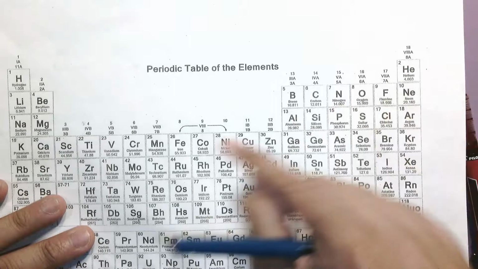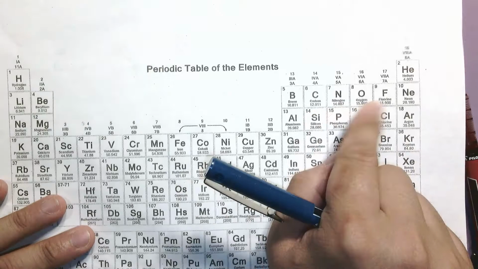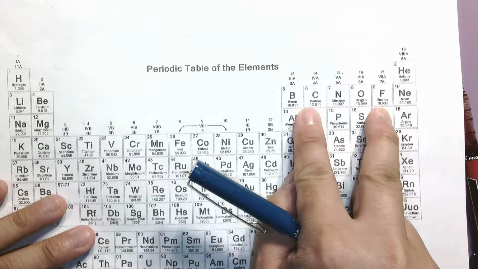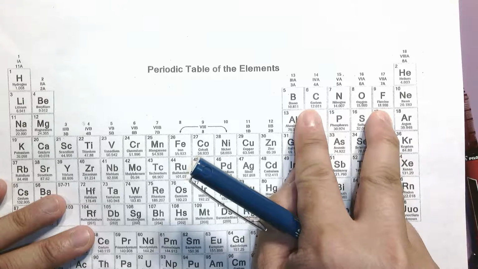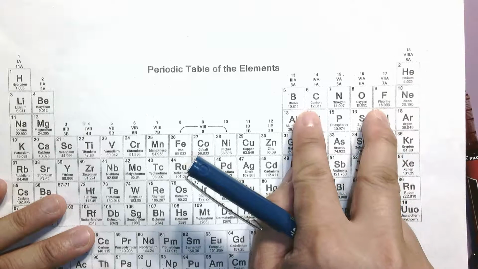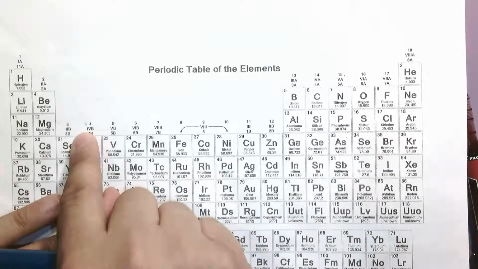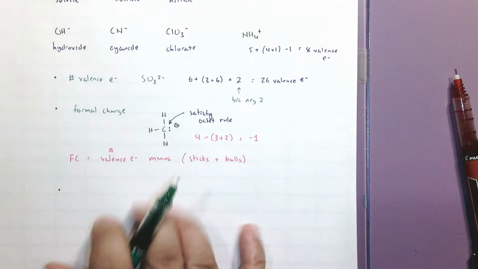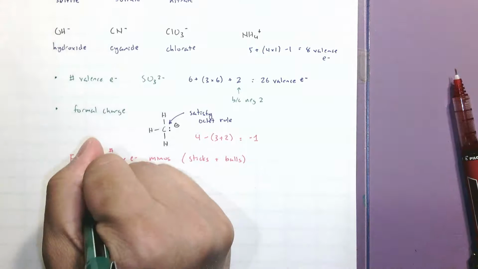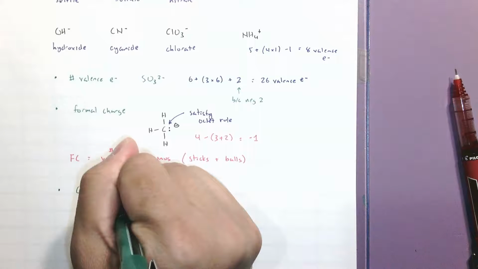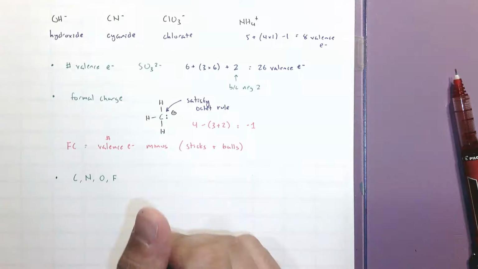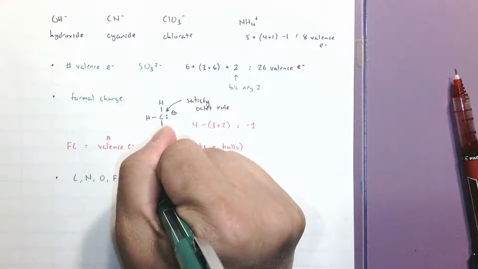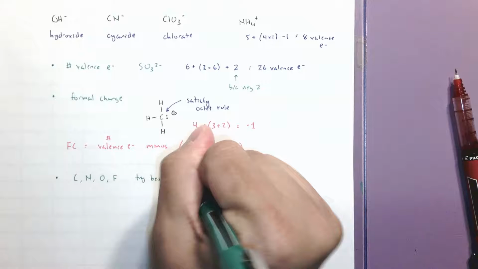So we'll say it right now, carbon, nitrogen, oxygen, fluorine, they are going to want to try to satisfy the octet rule, 8 electrons around those atoms. But in the third shell, let me write this down. For C, N, O, F, you do want to try your best to satisfy octet.